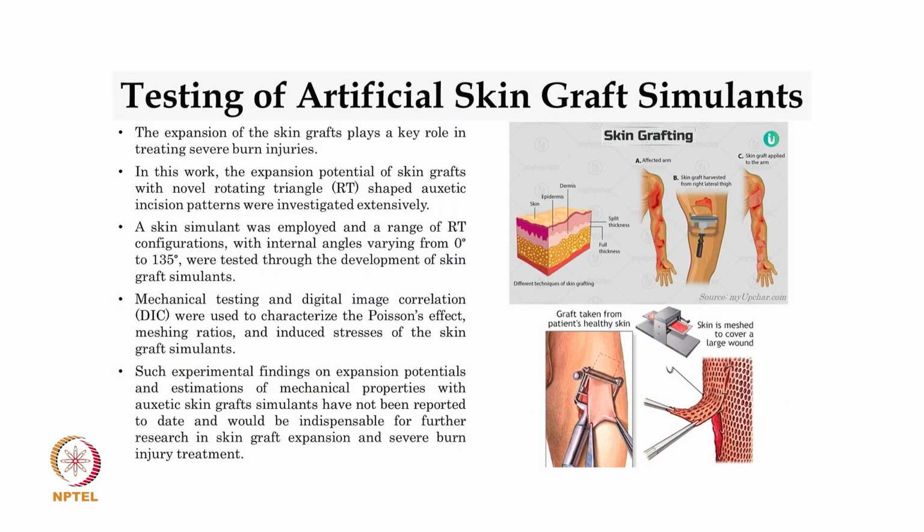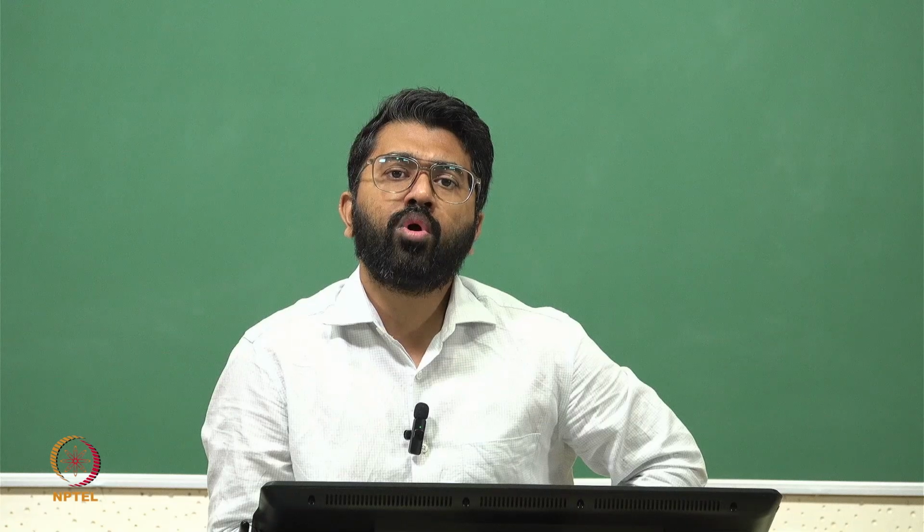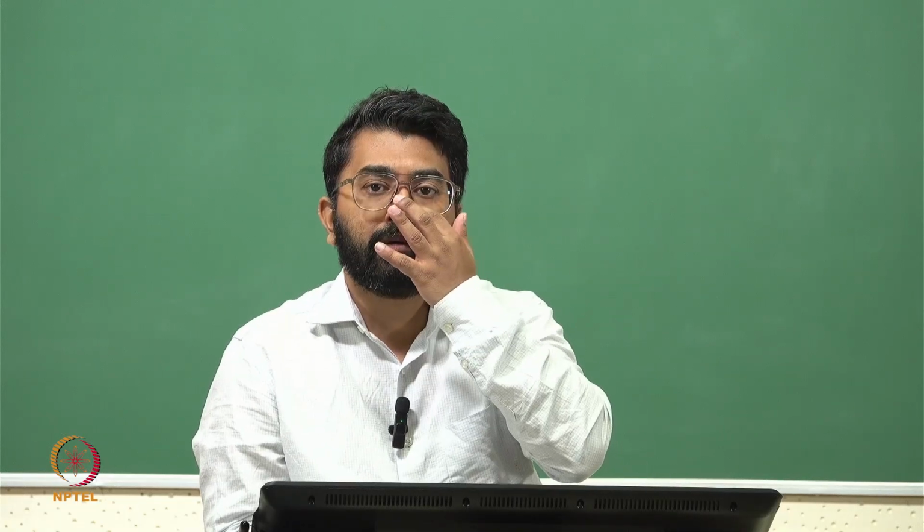Okay, so let's talk about the next application of soft tissue simulants, which is for the testing of artificial skin grafts using simulants, right? So let's take a very quick snapshot of what skin grafting is. Skin grafting is a technique which is applied when somebody has experienced a very severe kind of burn injury or injury which has led to removal or damage to a lot of skin, right?